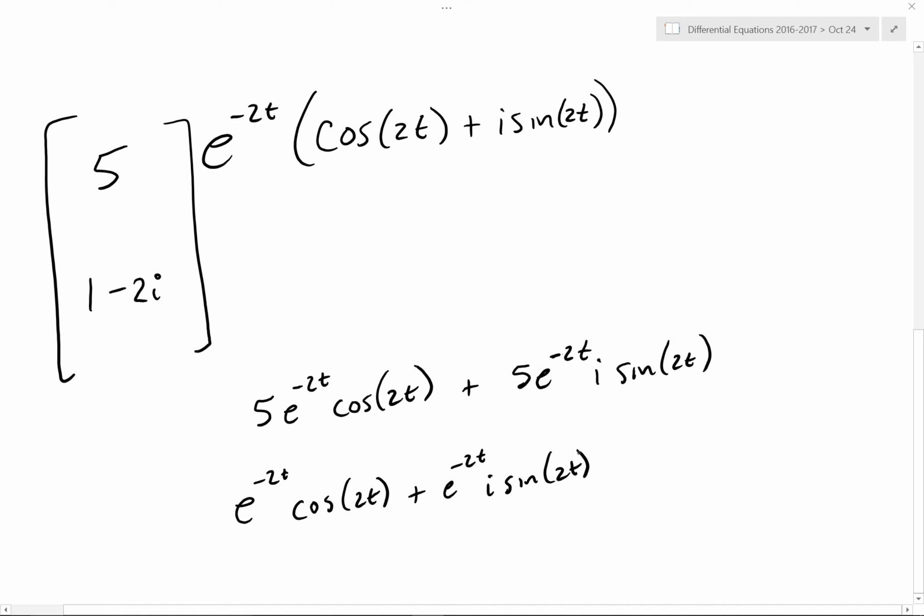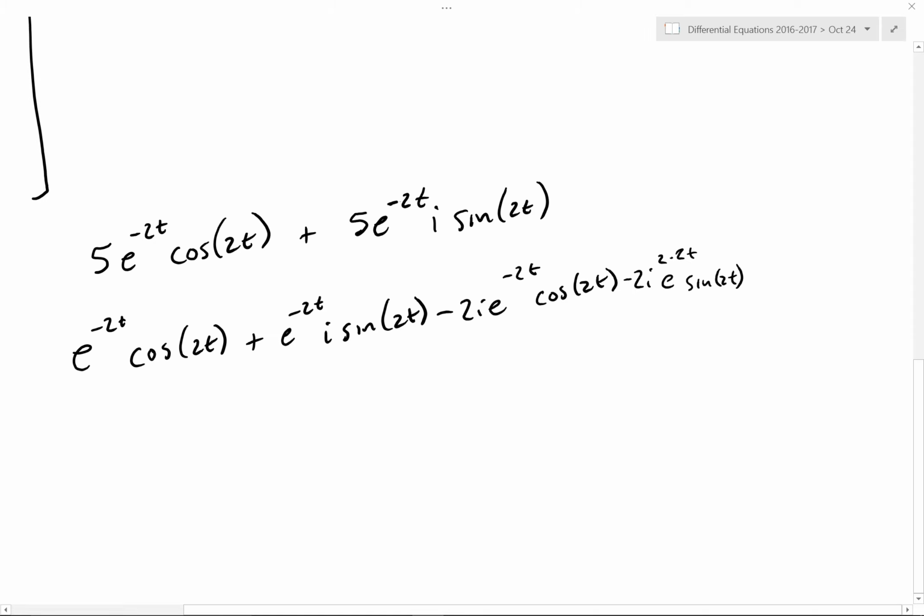And then negative 2i goes through there, so minus 2i e to the minus 2t cosine of 2t. And then a minus 2i squared e to the negative 2t sine 2t. And I think we're finally finished.